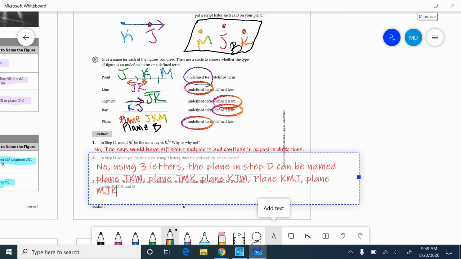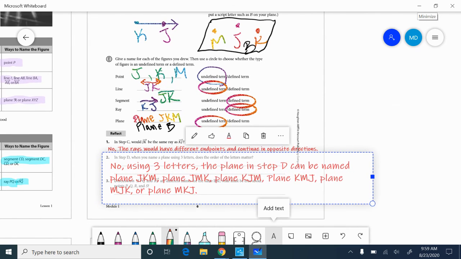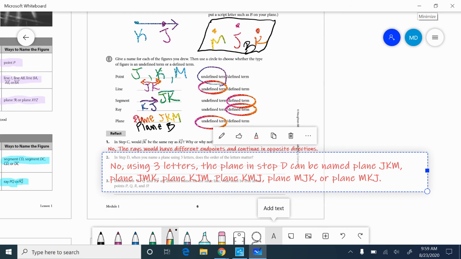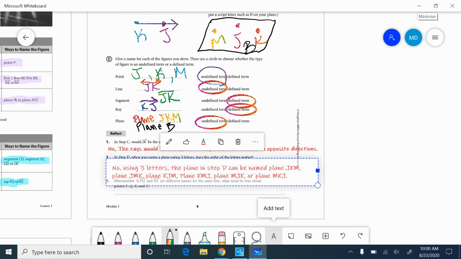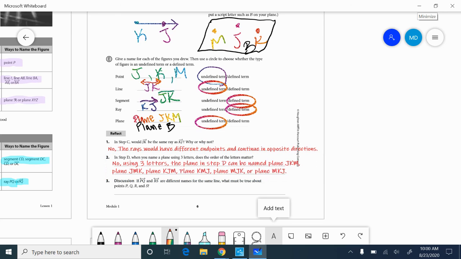It doesn't matter the order. So looks like there's 1, 2, 3, 4, 5, 6 different ways that you can write the same plane if you're trying to use the 3 points, and they all mean exactly the same thing.